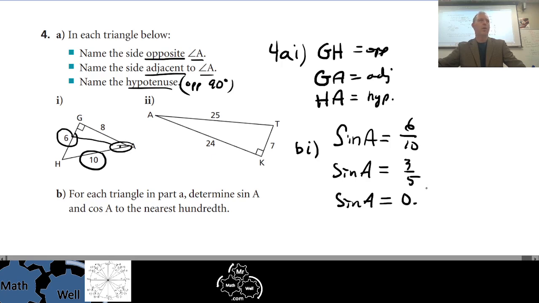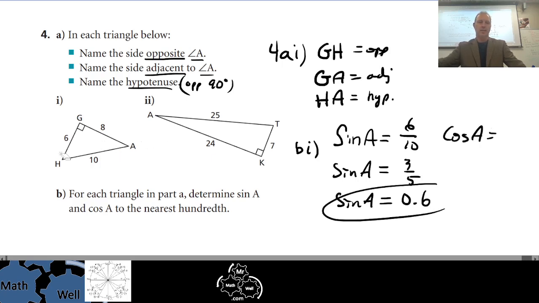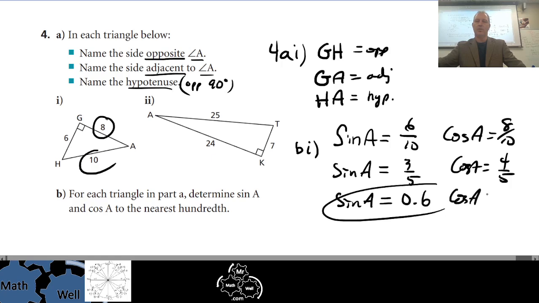Yep, it's 0.6. Okay, so there you go. Sine of A is 0.6. Cos of A is, let's see, adjacent over hypotenuse, right? Ka, so ka toa, adjacent over hypotenuse. 8 over 10, that's 4 over 5, which is 0.8.